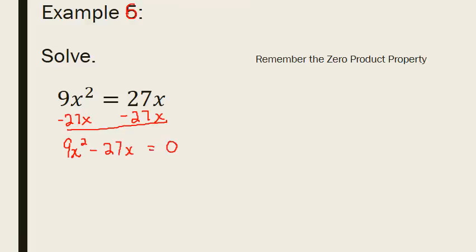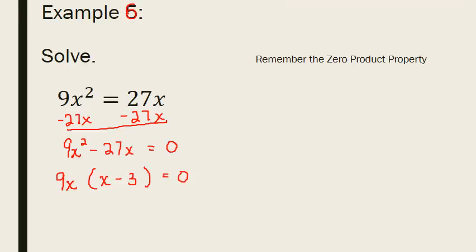And now from there, I'm going to need to factor by doing the GCF. Notice what do they have in common? Well, they can both be divided by 9, and they both have an x in common. So 9x is our GCF there. Divide each term by 9x, and that leaves us with x minus 3 equals 0.